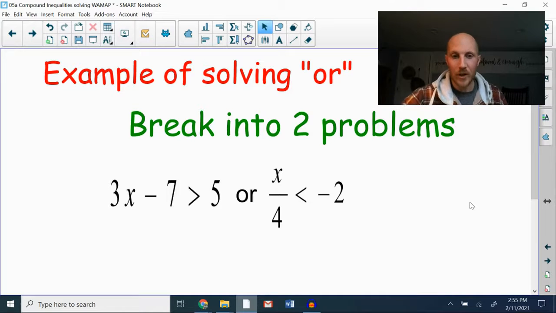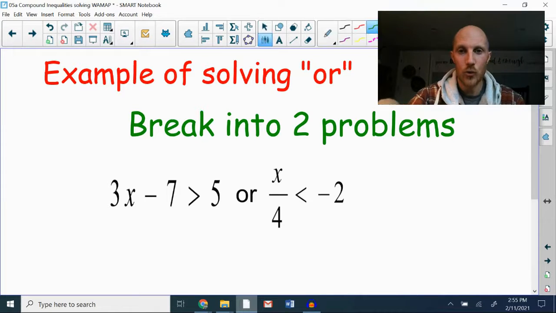All right, we're just going to take that inequality. Let's read it first: 3x minus 7 is greater than 5, or x divided by 4 is less than negative 2. And we're going to break it into two problems. That's what I said there for our directions. Any place you see the word or as part of our number sentence, that is the division point.